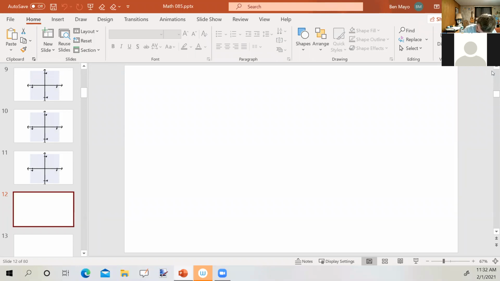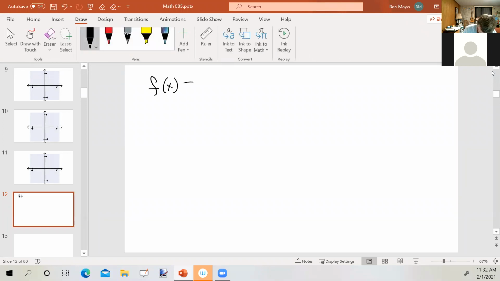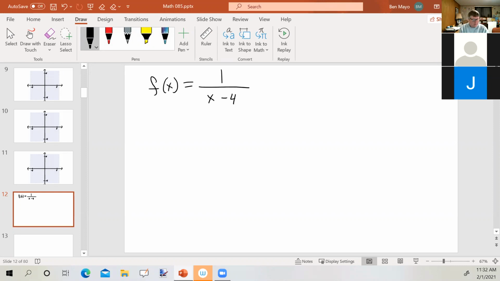Let's say we have the function f of x equals 1 divided by the quantity x minus 4, and it says to find the domain. So basically, we're looking for all the inputs, or the x values, that when we put them into the function, give an output value that is real.